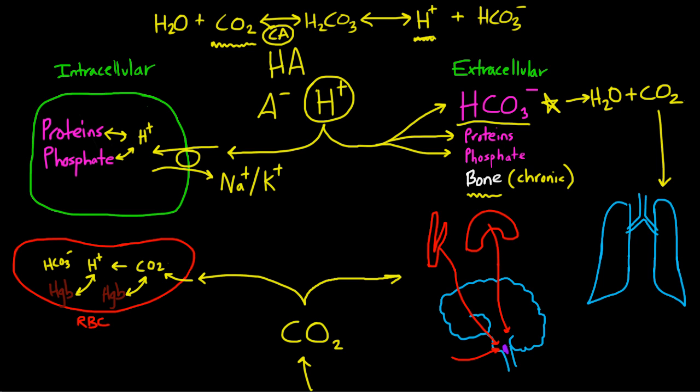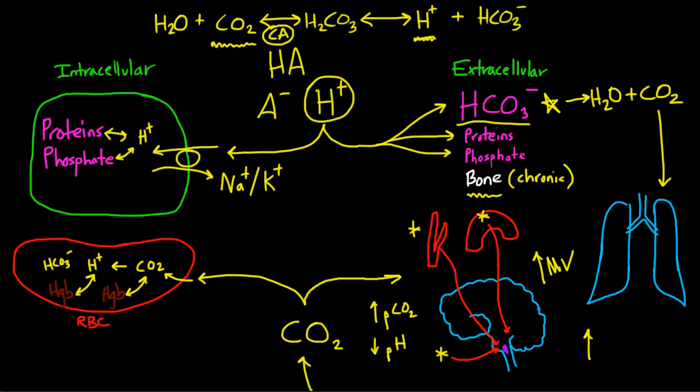High levels of CO2 are sensed in the carotid bodies and the aortic arch, and via the vagus nerve, they tell the medulla to increase minute ventilation. And there are also direct sensors on the medulla itself. So in response to high PCO2 and low pH, the medulla is going to tell your lungs to increase minute ventilation: breathe more deeply, breathe more frequently.